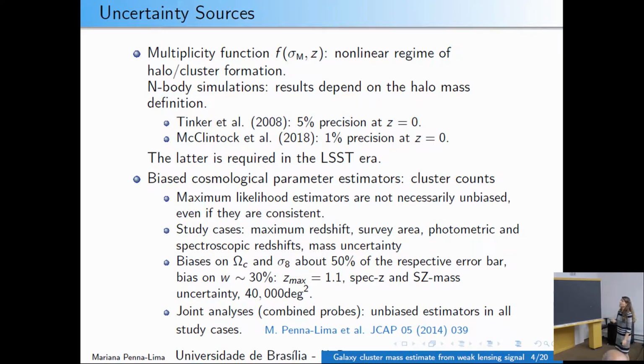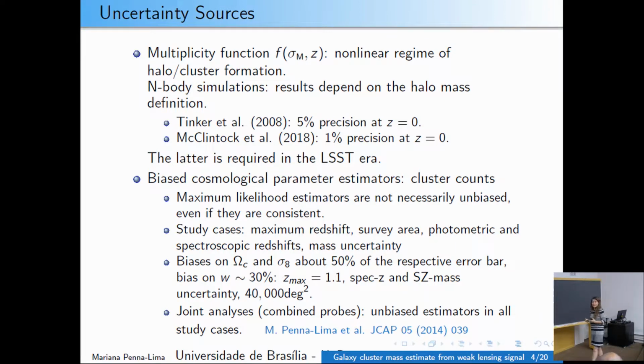So in this work, we studied different cases varying the maximum redshift, survey area, including or not photometric uncertainty to obtain the redshift, and also the uncertainty on mass, okay? So we studied this typically for SZ surveys, in particular at the time for SPT, the South Pole Telescope.